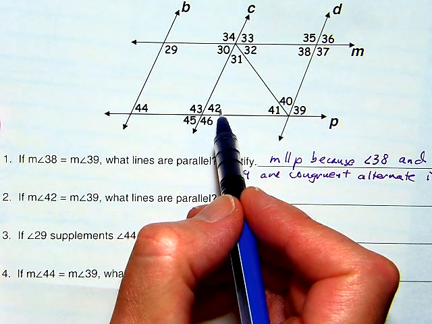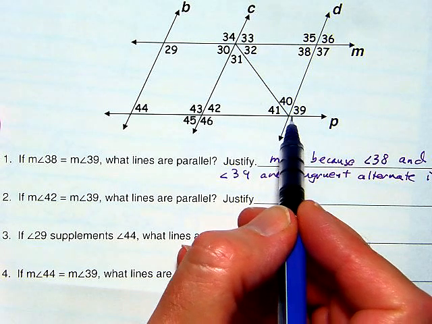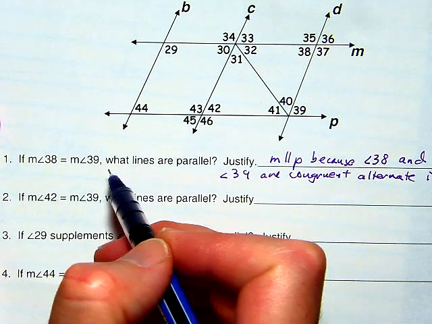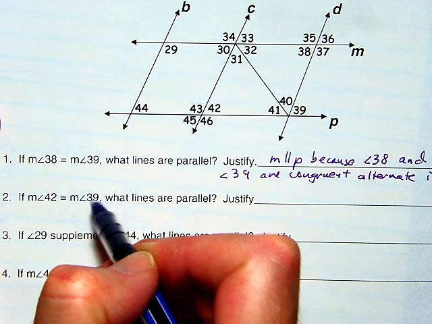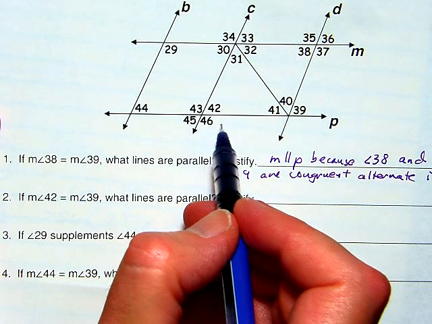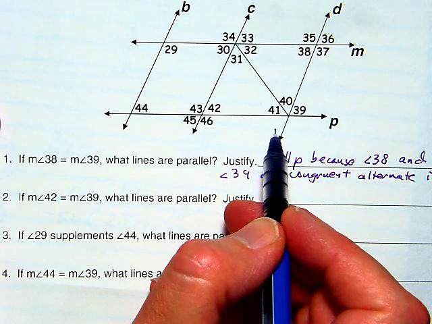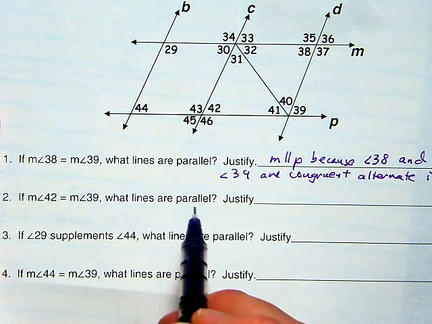So angle 42 and angle 39 are corresponding angles. We're told that they are congruent, or that their measures are equal. And therefore, line C and line D are parallel because the corresponding angles are congruent.